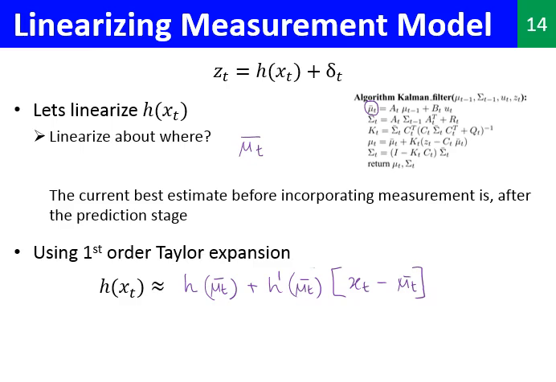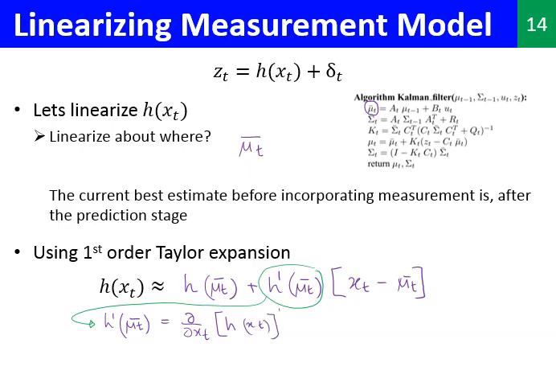Again, this h dash evaluated at mu t bar is equal to the partial derivative of h of xt with respect to xt, at mu t bar.